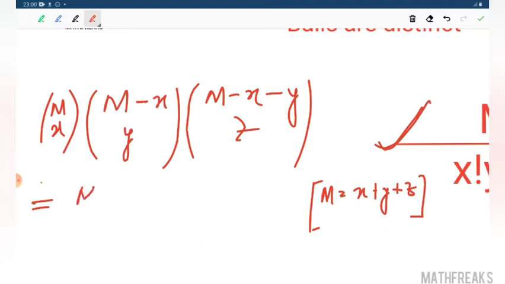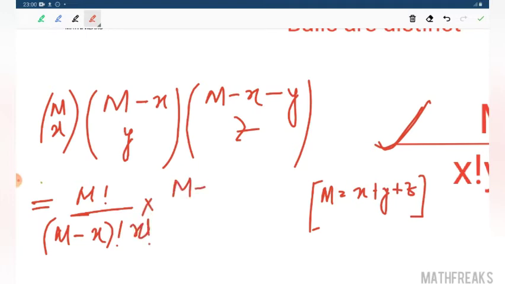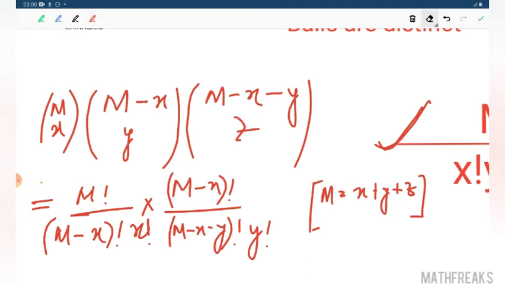So this is M factorial over X factorial into M minus X factorial, the basic formula of choosing nCr, multiplied by M minus X factorial over Y factorial into M minus X minus Y factorial, multiplied by Z factorial over Z factorial.